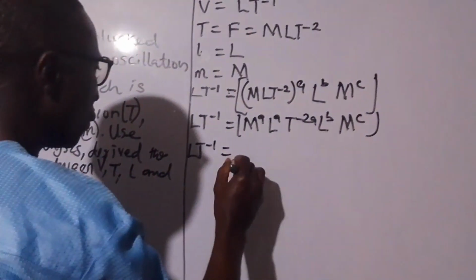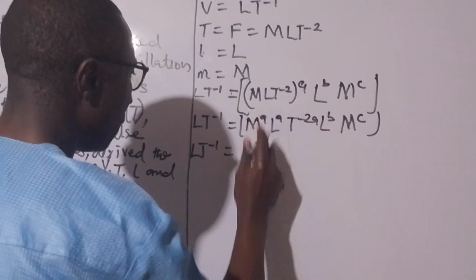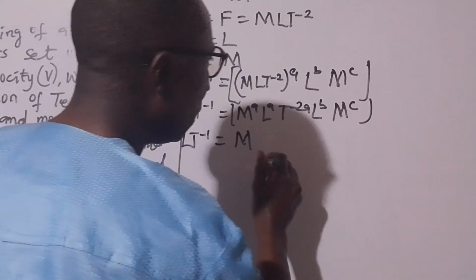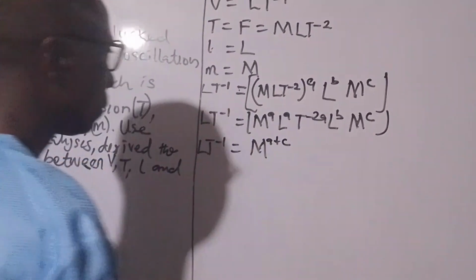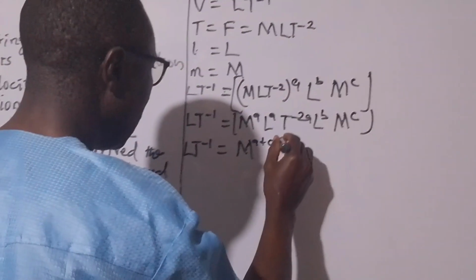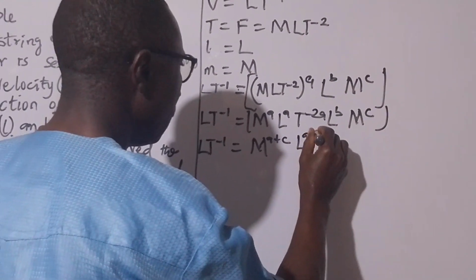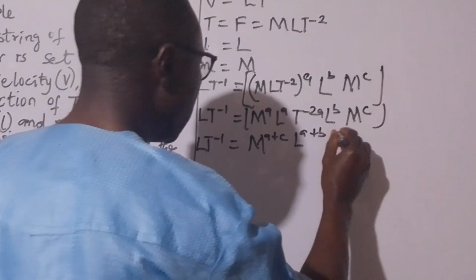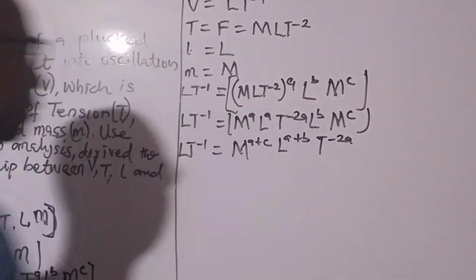That is L T raised to power minus 1 is equal to M, the same base, different power, that will be A plus C, L raised to A plus B, then T raised to minus 2A.